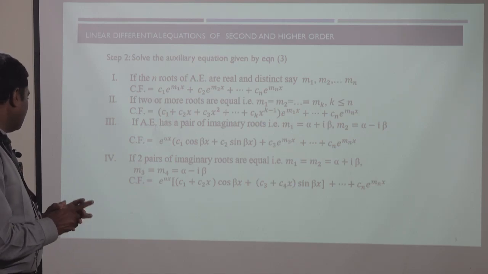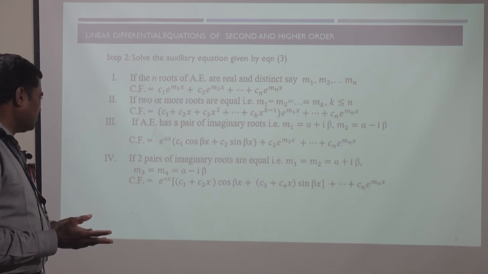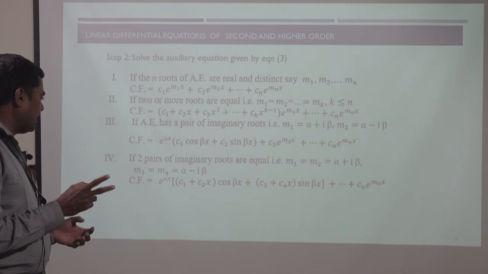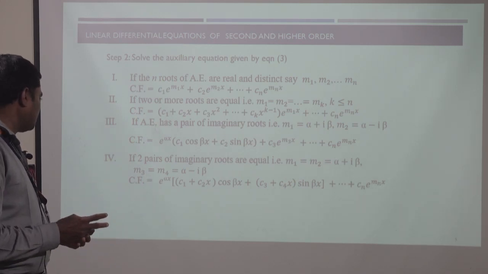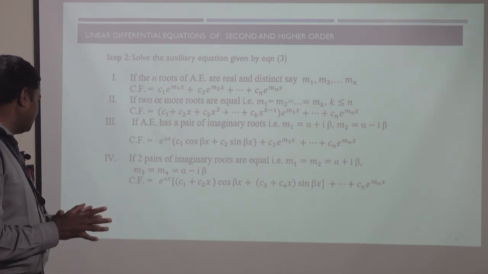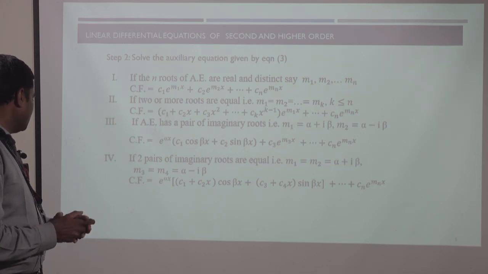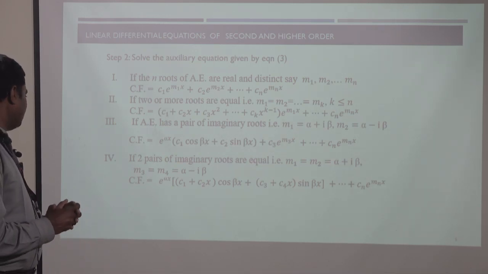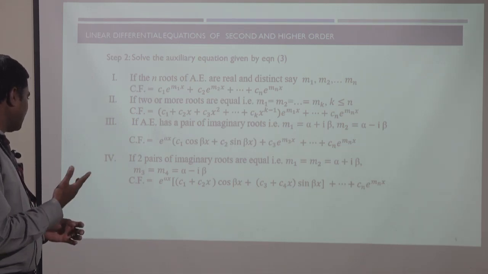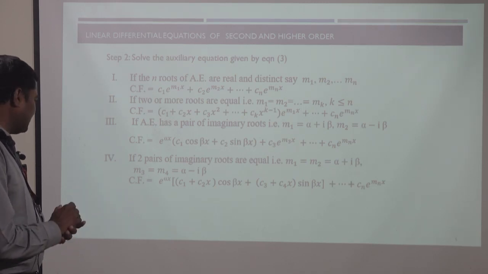Similarly, in the fourth case, two pairs of imaginary roots are equal, that is alpha plus or minus i beta. Let us assume m1, m2 equal alpha plus i beta, and m3, m4 equal alpha minus i beta. In this case, just like in the second case, the complementary function is e to the power of alpha x into ((c1 plus c2x) cos beta x plus (c3 plus c4x) sin beta x).